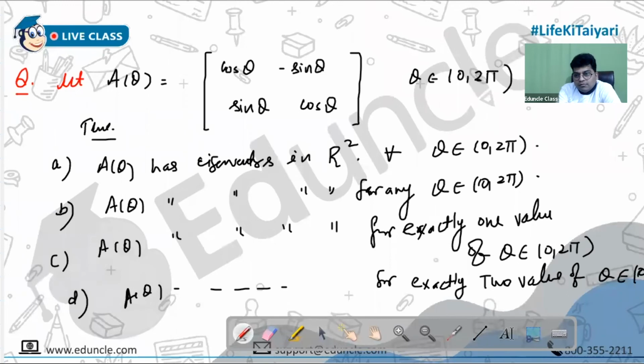Cos theta. Okay, Thanu is saying, sir, cos theta plus sin theta or cos theta minus sin theta are the eigenvalues.